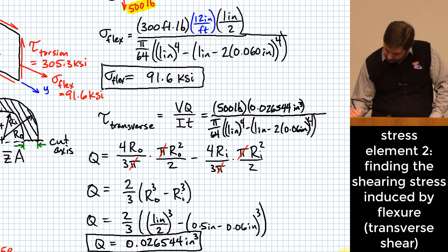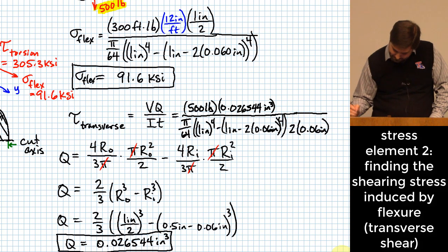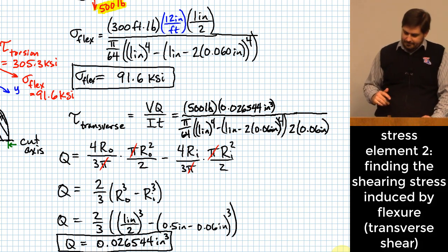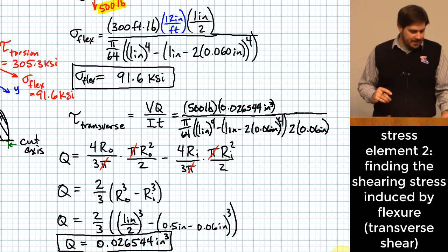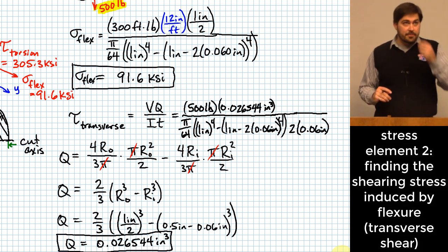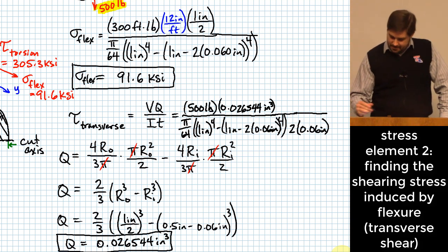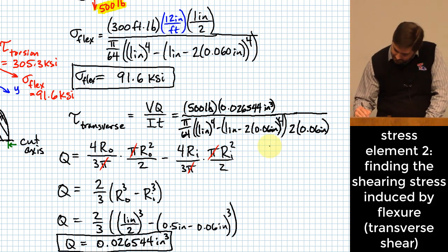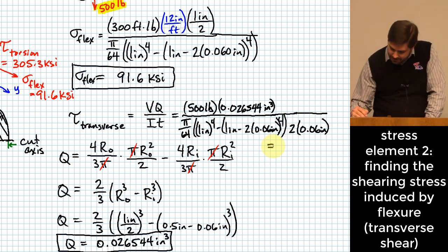Okay, so I'll put that up here. 2 times 0.06 inches. All right, and that should give us everything that we need for this transverse shear component that we're having to evaluate. Once I plug them in, it ends up giving me 5.62 KSI.